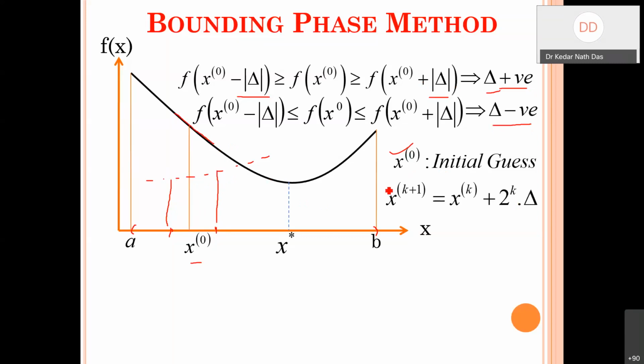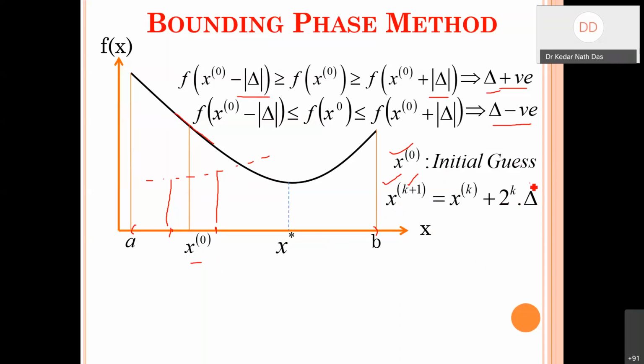So ultimately, we are going to proceed towards the optimal solution x star. In the next iteration, while I am calculating the next x, that is x1, we have to keep the value of k fixed at 0. So if k equal to 0, then in the next iteration we have the value of x1 equal to x0 plus 2 power 0 into delta. So after finding this delta value positive or negative, we have to move towards the right or left.